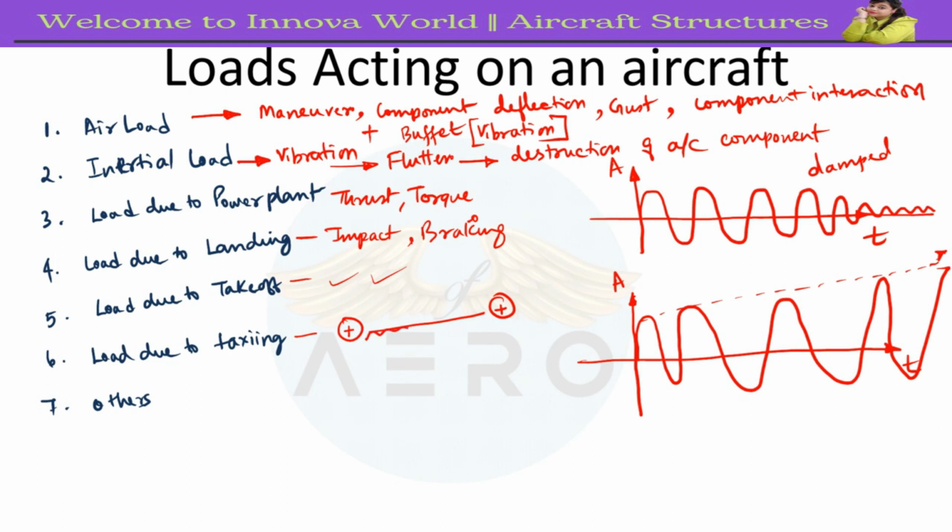It depends on the surface of the road, whether there is any bump or any turning. If the surface finishing of the runway is not sufficient, it will give a jerk to the aircraft. So that kind of load acts due to the path of taxiing.